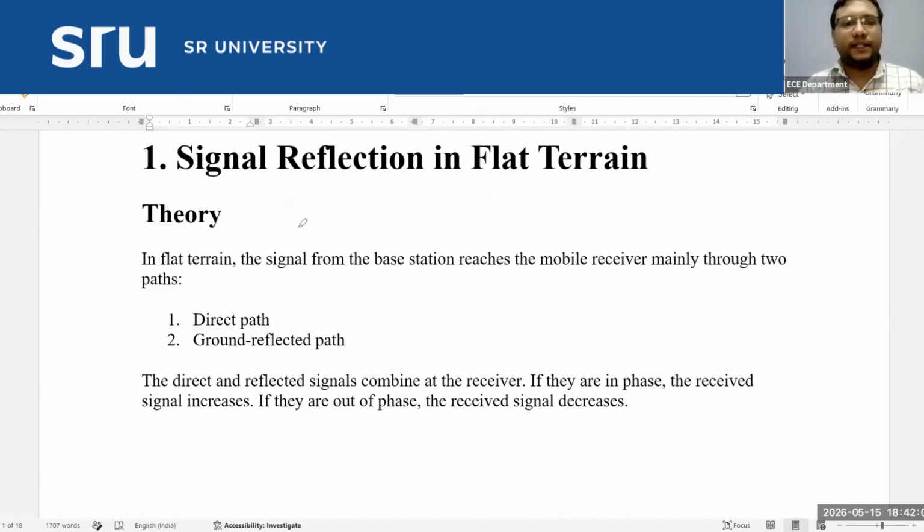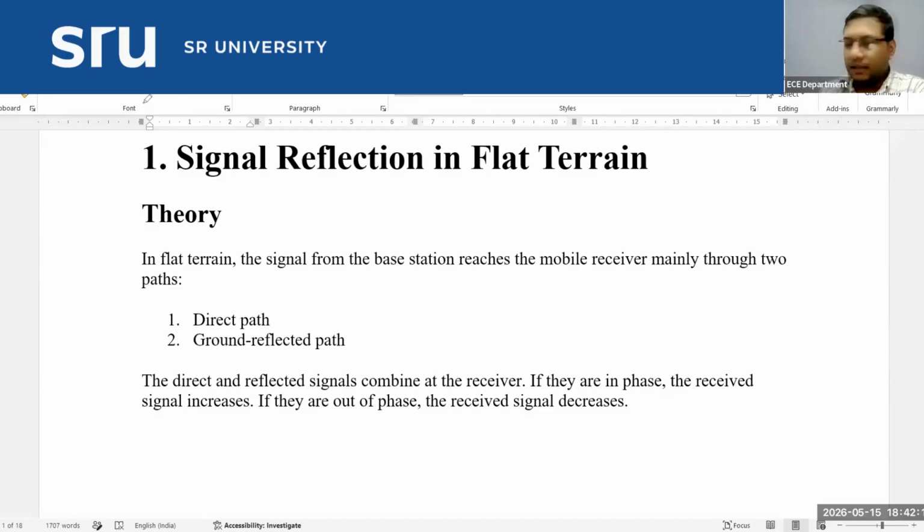When the signal propagation is traveling through a flat landform. So signal from the base station reaches the mobile receiver mainly through two paths. One is called direct path, another is called ground reflected path.